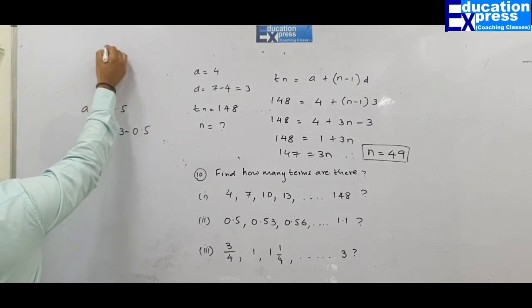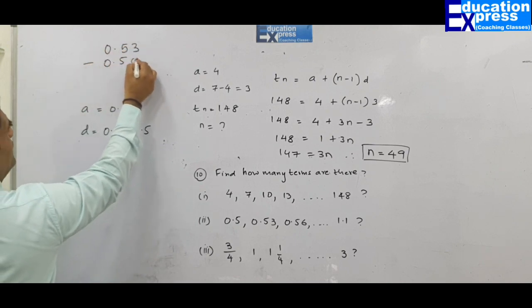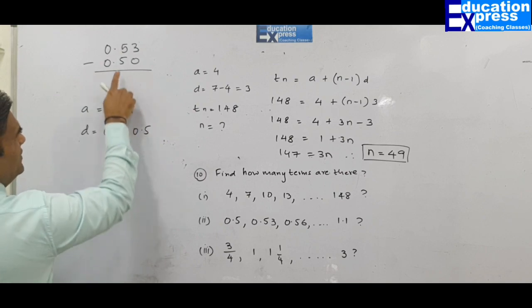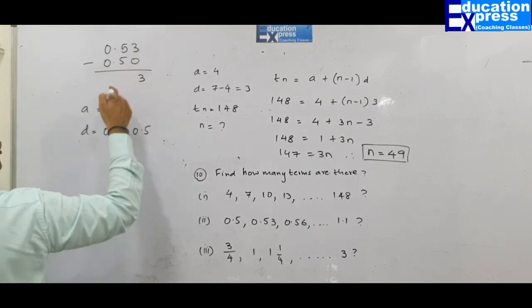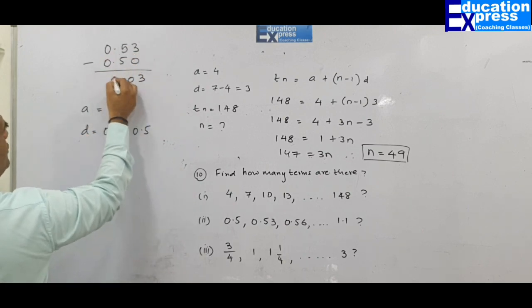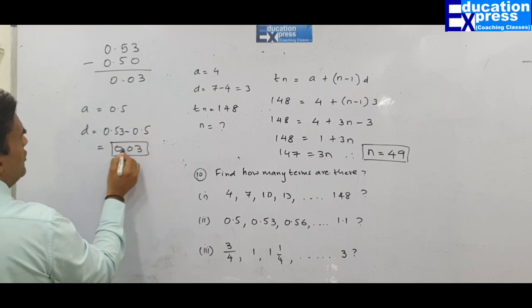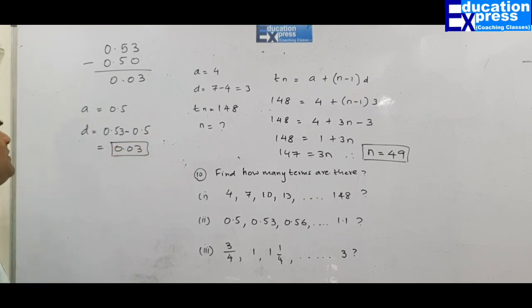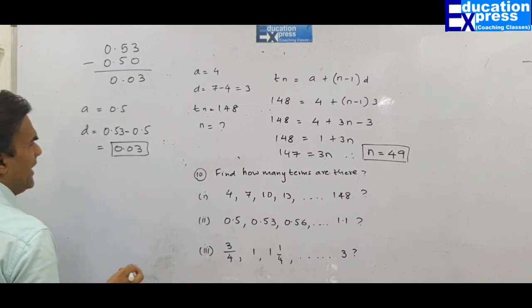So you write 0.50 to make it like a fraction, or keep it in decimal form. 53 minus 50 gives 3, so we got 0.03. In haste, many people have written 0.3. In that case, you will get the incorrect answer.